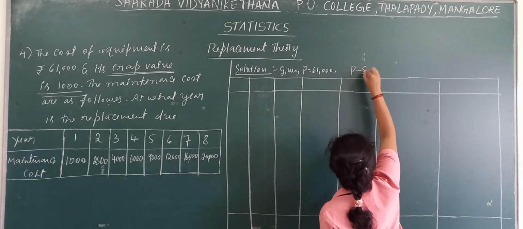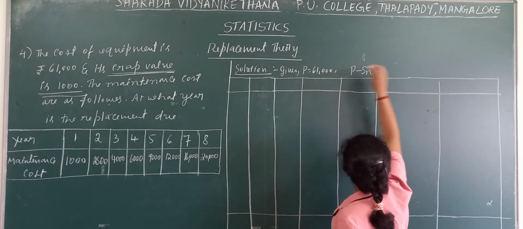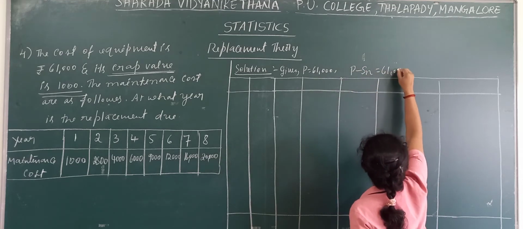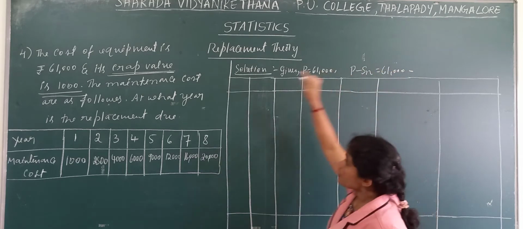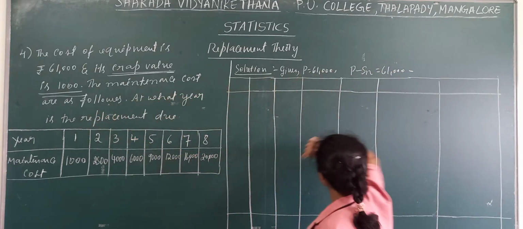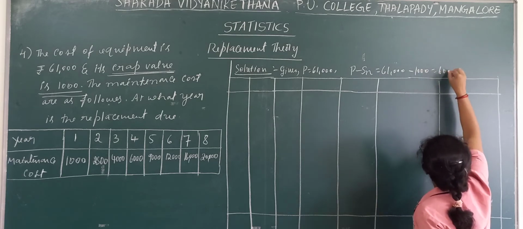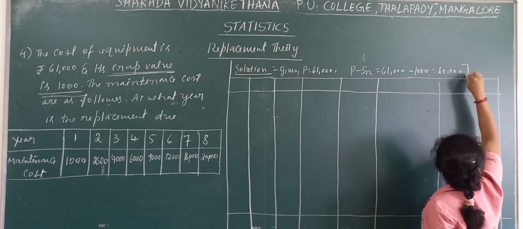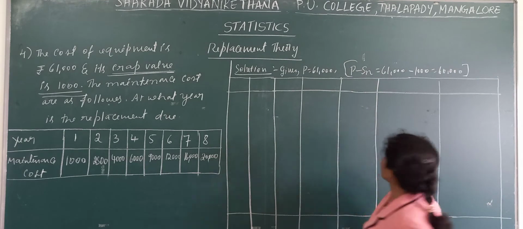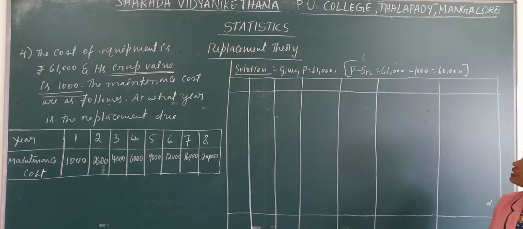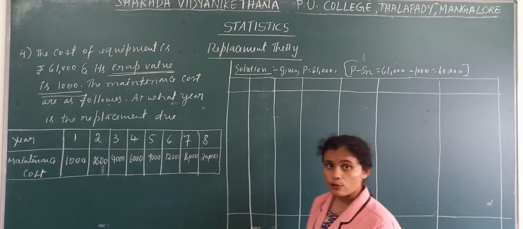P minus SN is equal to P, 61,000, minus SN, 1,000. SN is 1,000. What is P minus SN? It is 60,000. So here P minus SN is 60,000.